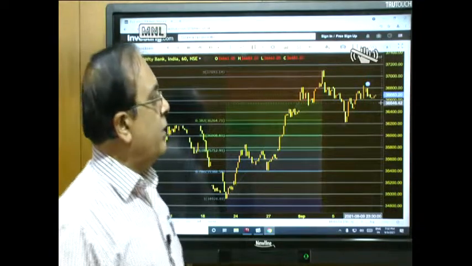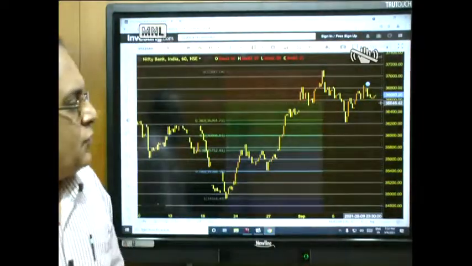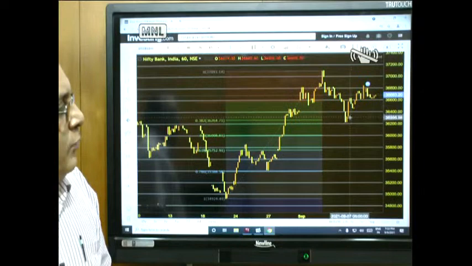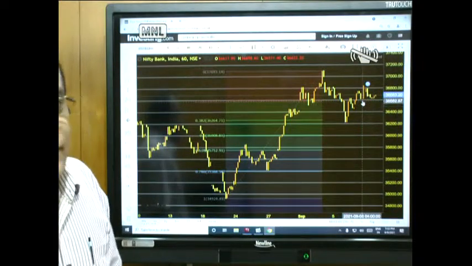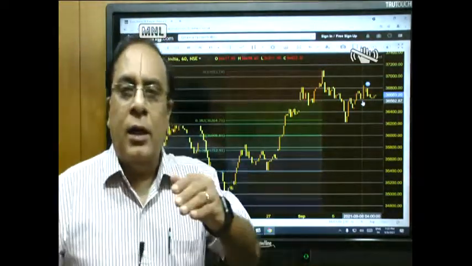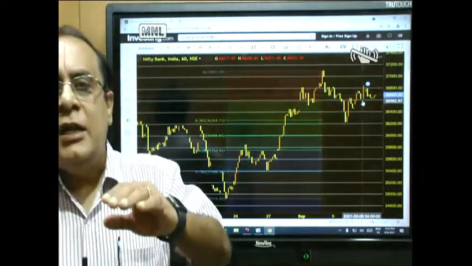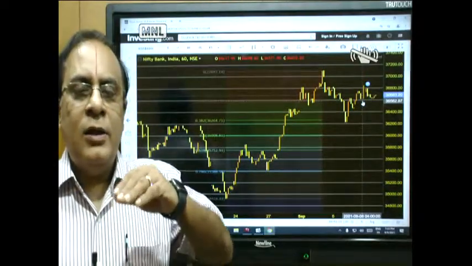So this is a very important piece of information for you, because now if it starts to move down, it should not move below this. If it starts to move below this 36,570, 580, probably we can see a slightly deeper pullback. The reason we are saying this is that it would have formed a lower top.